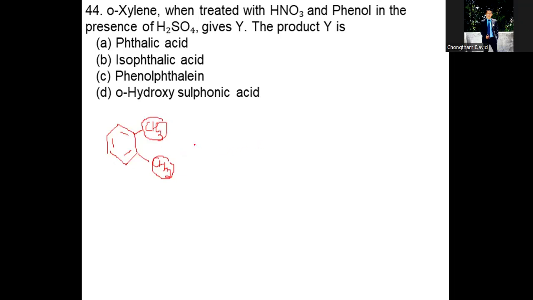Now ortho xylene treated with nitric acid, a strong oxidizing agent, undergoes oxidation. Addition of nitric acid causes formation of carboxylic acid, phthalic acid. Remember Gabriel phthalimide synthesis. Now this will change to phthalic anhydride on heating.